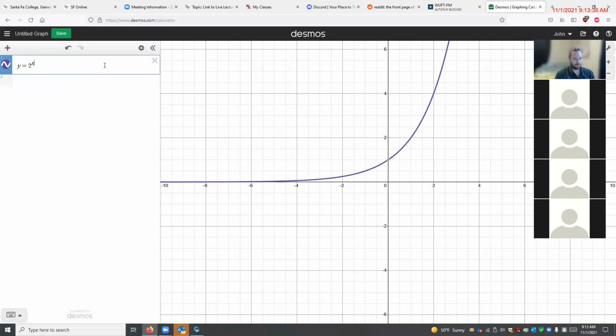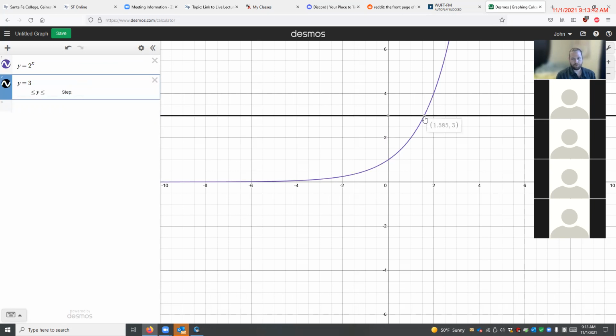Y equals 2 to the x. Y equals 3. Definitely there is a solution. And I claim that that solution is about 1.58496. See, if I plug 1.58496 in for x, 2 to the 1.58496 is like 2.999999. Very, very, very close.